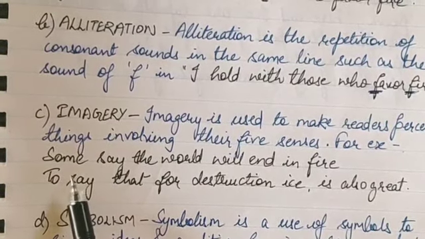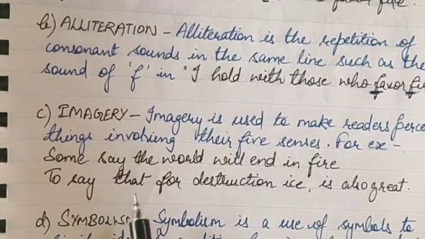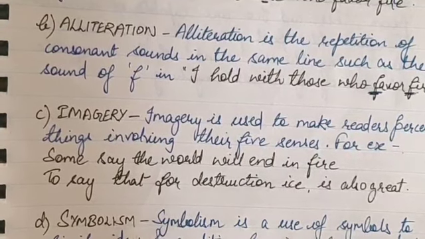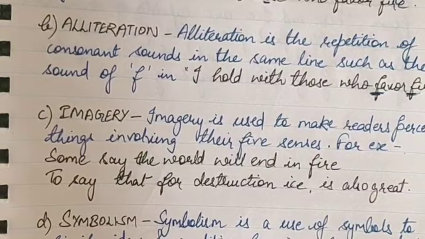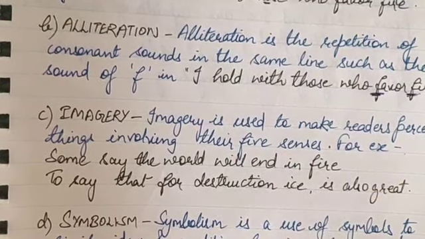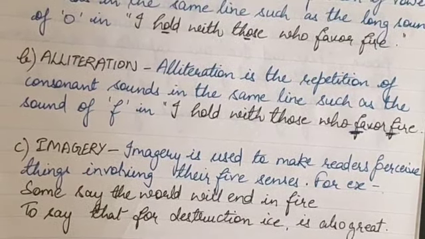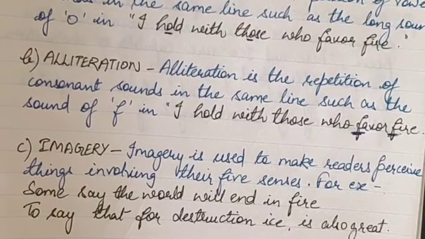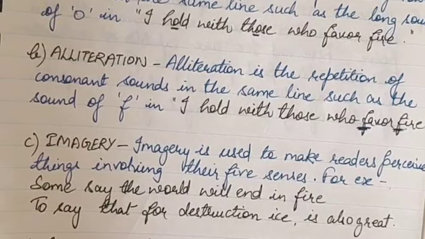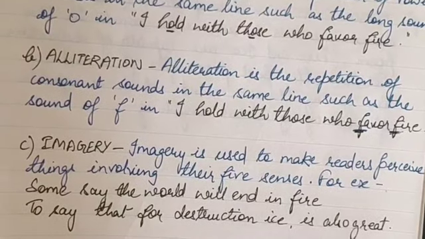A few lines I have mentioned here: "Some say the world will end in fire," to say that for destruction ice is also great. We can imagine things like fire and ice in front of our eyes, and through our five senses we can understand the emotions depicted by the poet.